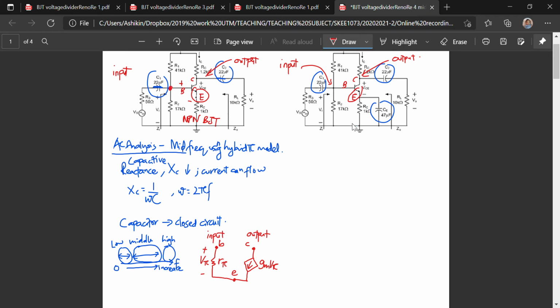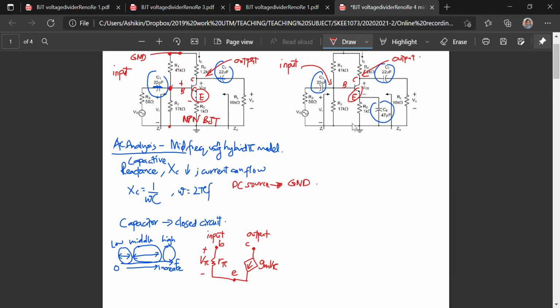Before that, for AC analysis, the DC source is represented as ground. So the VCC here we replace with ground. Therefore, at the base we have R1 and R2 connected to ground.